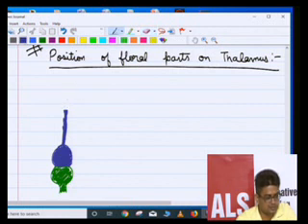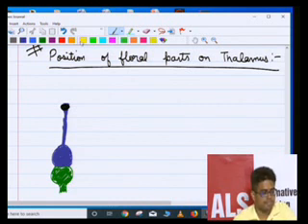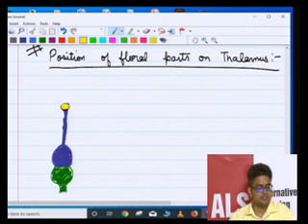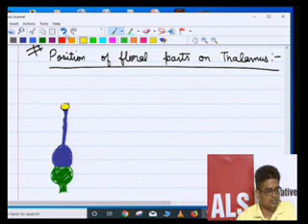Okay. So this is the stigma. Maybe I can use a different color for this, so you can understand the difference here. This is the stigma. Then there is the style. Then there is the ovary.